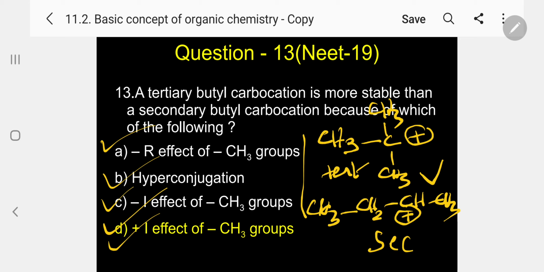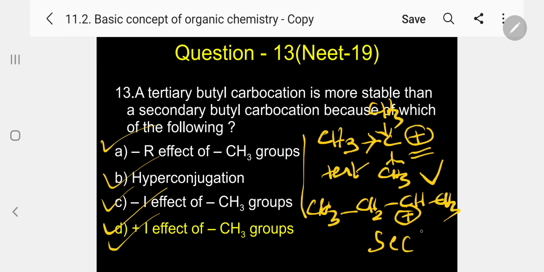As I already informed you, generally an electron releasing group will increase the stability of the carbonium ion. So 3 groups are pushing electrons towards the carbon, the positive charge is getting neutralized, and when it is neutralized, stability increases. If positive character increases, reactivity increases; if positive character decreases, reactivity decreases and stability increases.